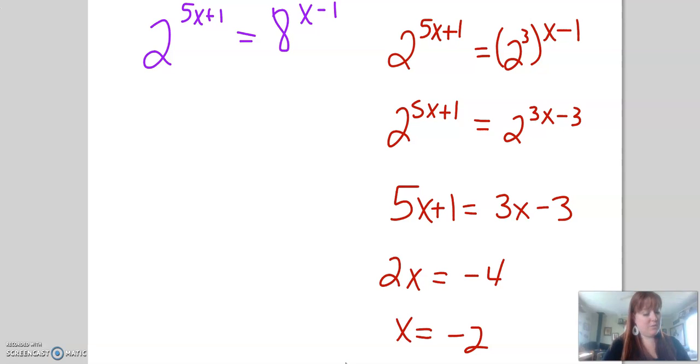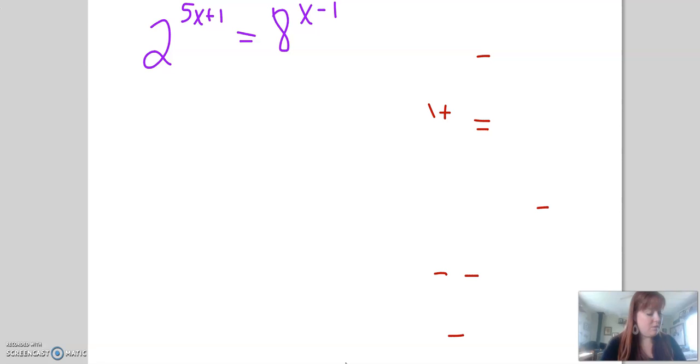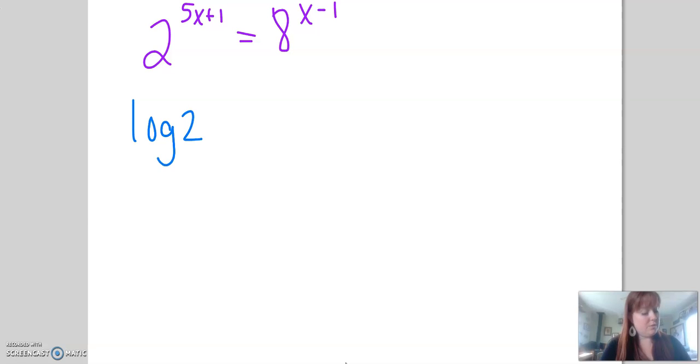The other way we could do this is we could just take the log of both sides, because we don't always have to have an equal base. So if we just take the log of both sides, we're going to do log of 2 to the 5x plus 1 equals log of 8 to the x minus 1.